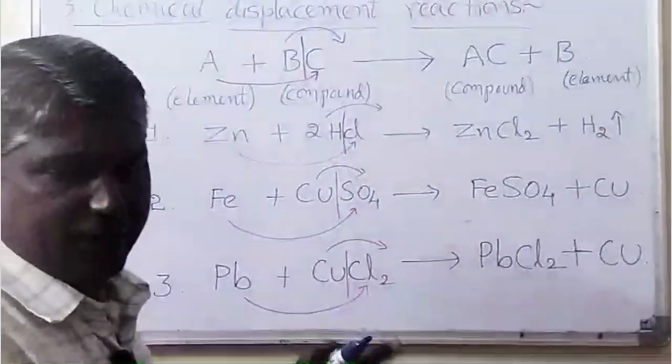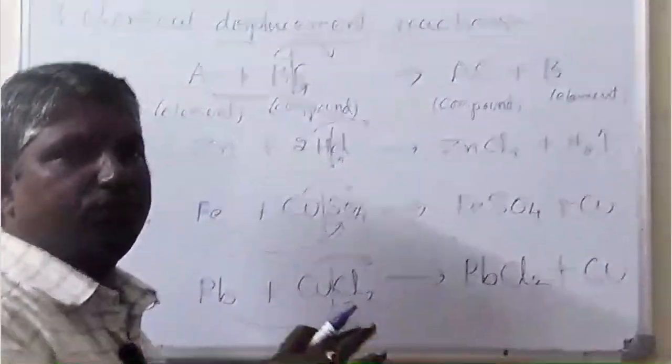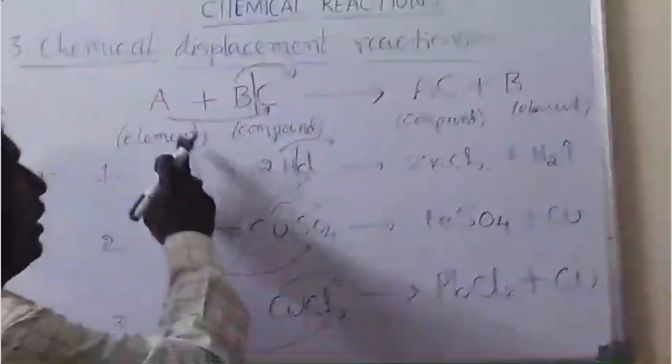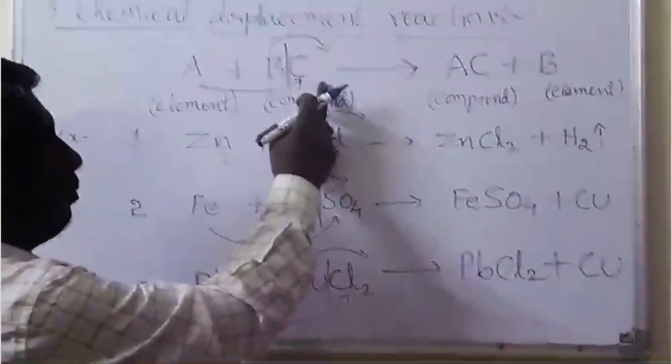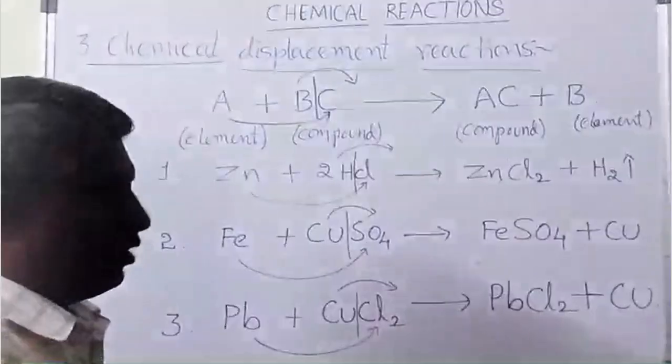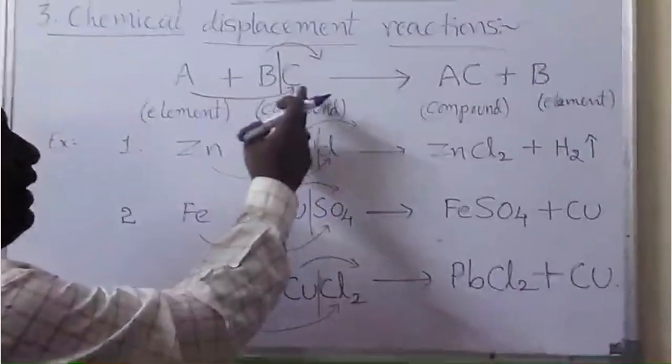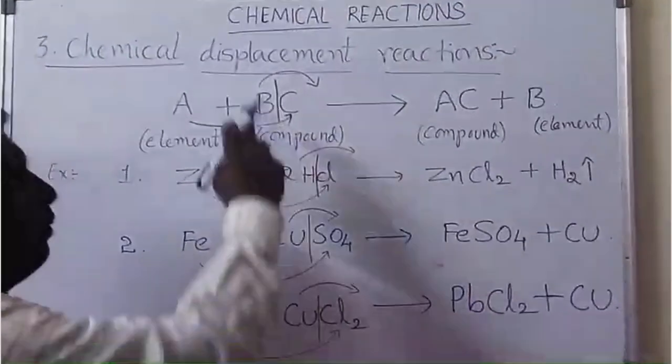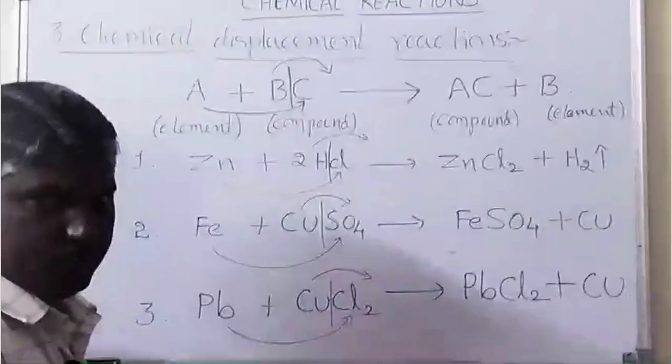How can we identify the formation of a displacement reaction? Simple logic. Here BC is a compound, a mixture of B and C. Therefore A combines with C, then B will be displaced.